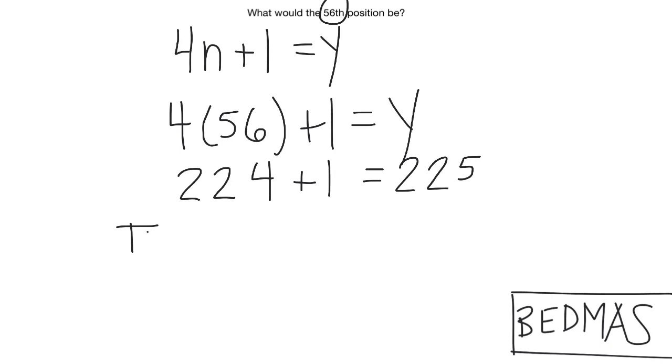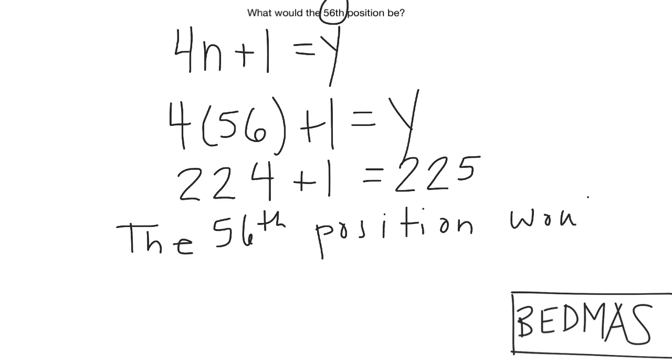We're going to write that in words because then it makes it really clear to whoever's reading this what our answer is. So the 56th position or term would be 225 tiles.